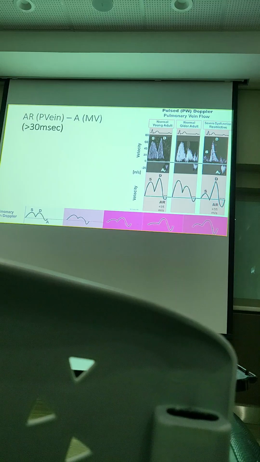The other one is the AR duration. Okay, so AR resembles the back flow of blood from the left atrium into the pulmonary vein. So the higher the pressure of the LA, the more blood will move from the LA to the pulmonary vein during atrial contraction. Okay, so the worse it is, the higher the velocity will be, the taller it will be, and also the longer it will be.